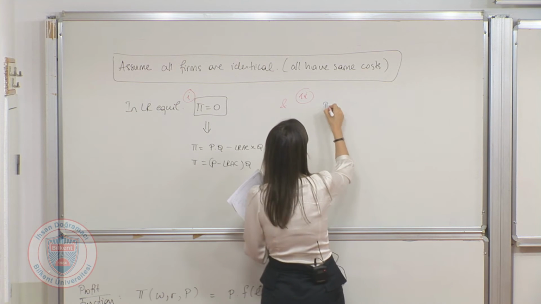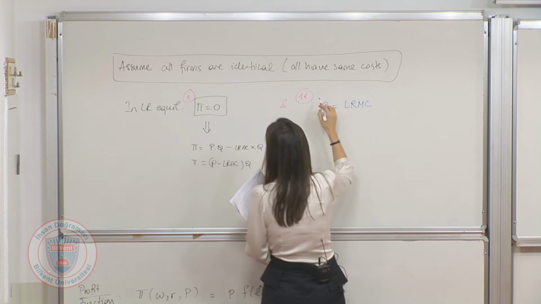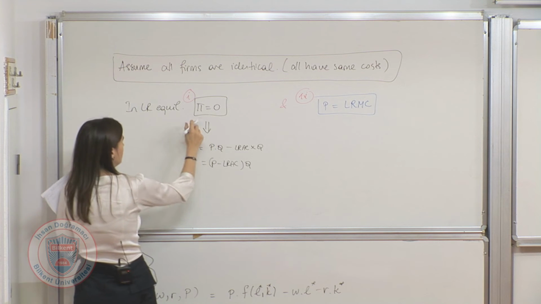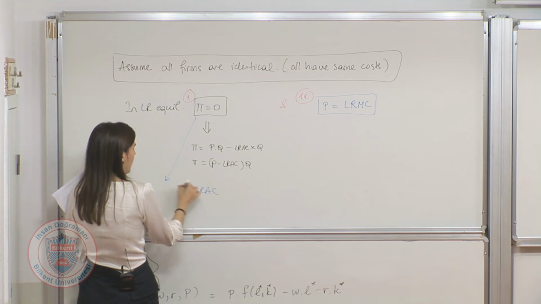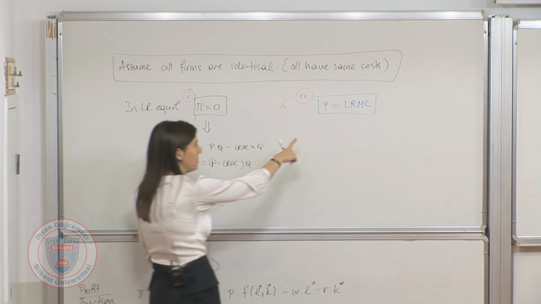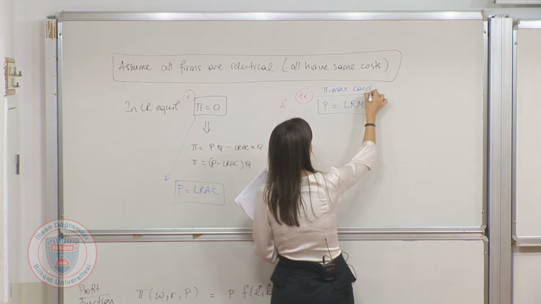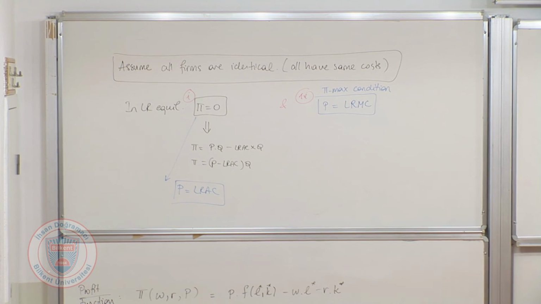So then we said that price should be equal to long-run marginal cost as well, okay? Now here, we know that price should also be equal to long-run average cost. This one is due to the profit maximizing condition, and the other one is called the zero profit condition, okay?